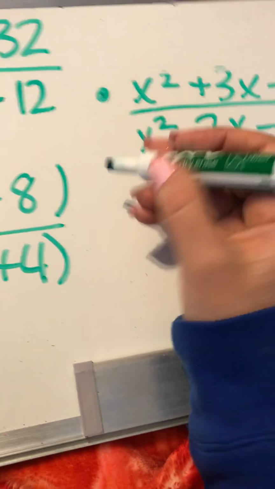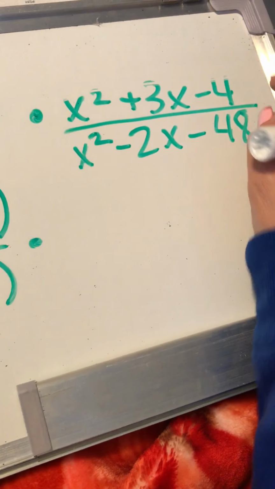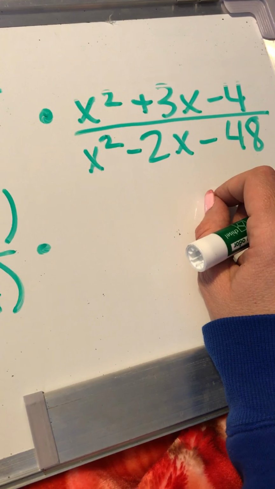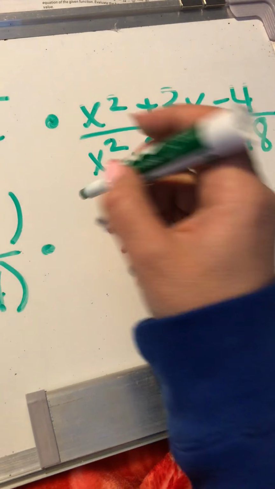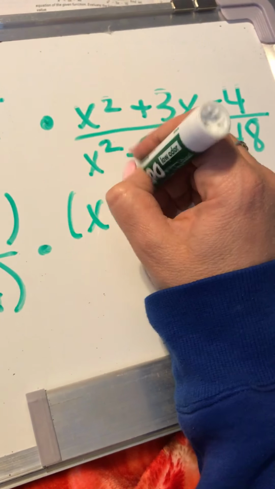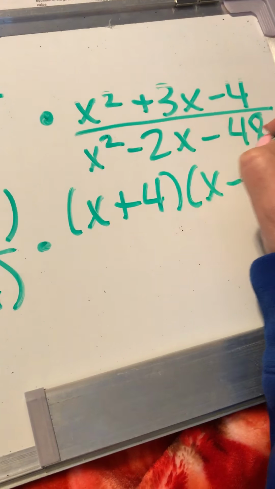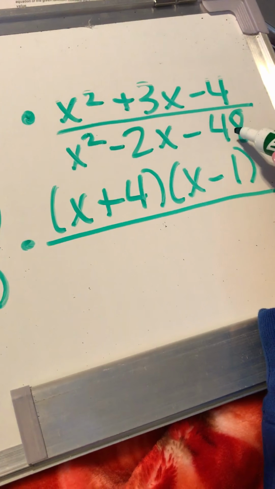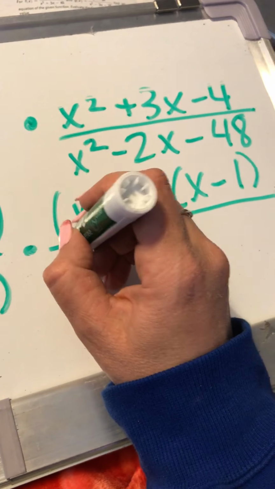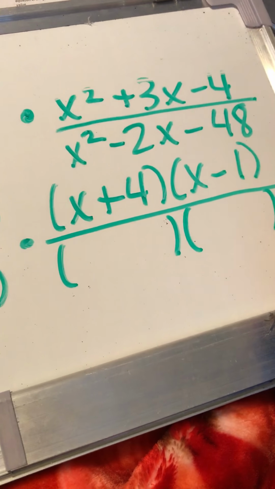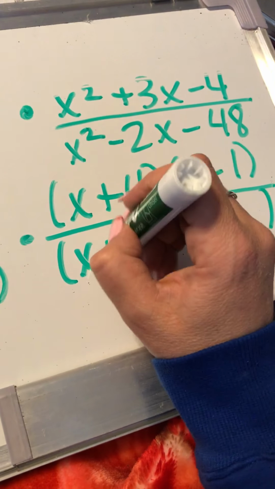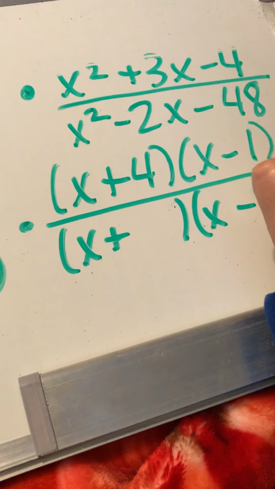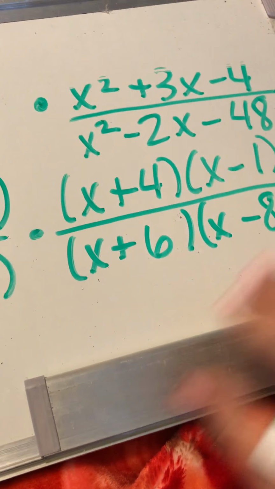Now for the other fraction we need factors of 4 that give us a sum of 3, so that must be x plus 4, x minus 1. And we want factors of 48 that give us a sum of negative 2, which are 6 and 8, so minus 8 plus 6.